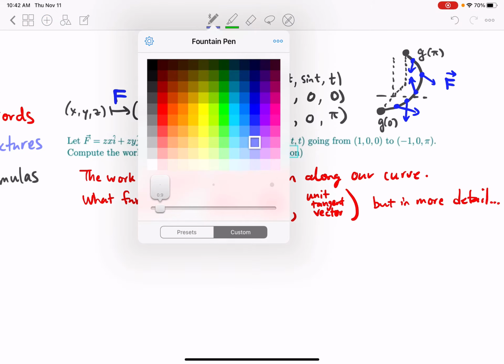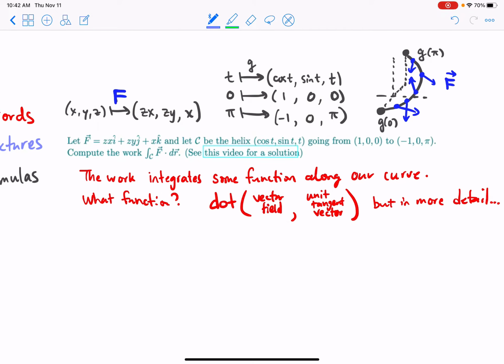Okay, so let's do another picture. Here we're going to go from 0 to pi. So maybe I'll make it dotted. And then t equals 0 to pi. That's our t-axis, and it's going to be mapped into space to become our curve. That sort of wraps up here. That's g of 0, g of pi.